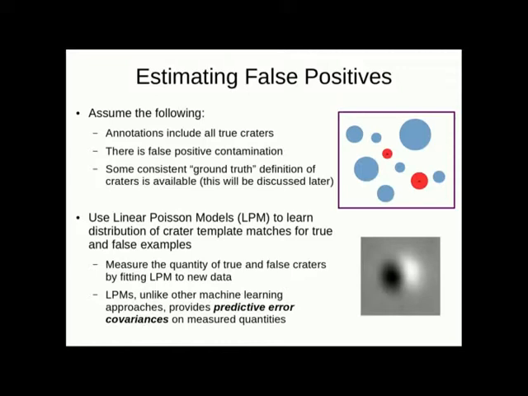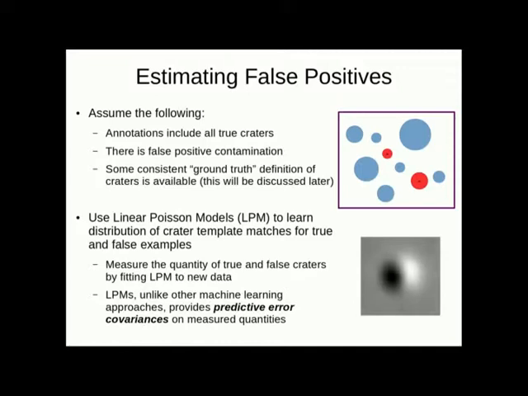Now, the way we approach this is to use a technique known as linear Poisson models, and I'll talk about this in more detail in the next slide, but briefly, we create template images of craters and we look at the response that template has when matched to true and false craters and learn the indicative distribution of match scores.